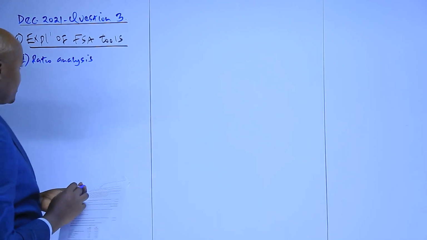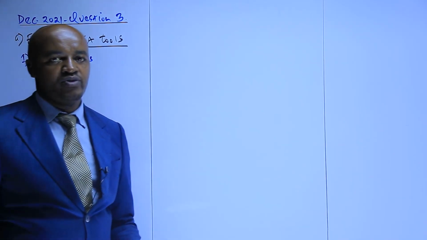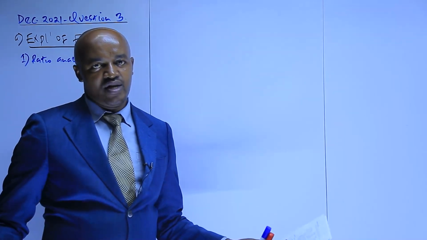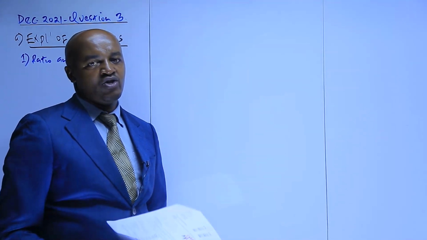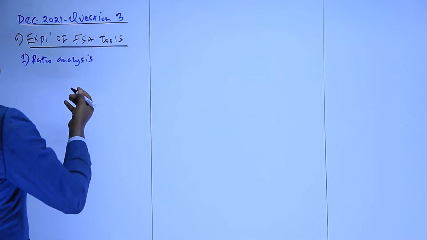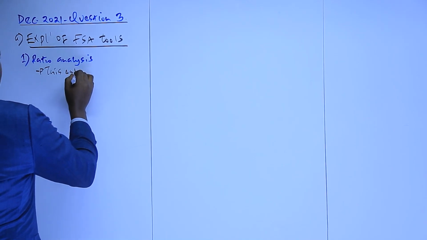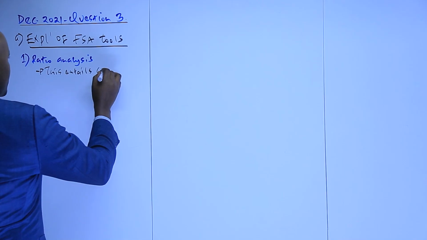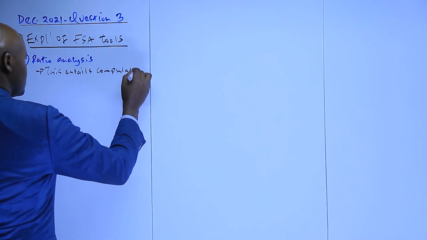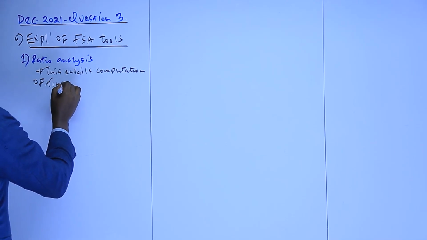For the ratio analysis, this particular tool or technique basically entails computing various financial ratios. And in our case, we know a financial ratio is a relationship between two or more financial variables. So therefore, you can say this entails computation of financial ratios.